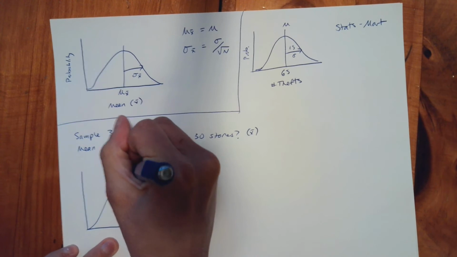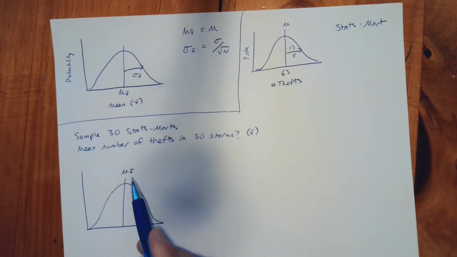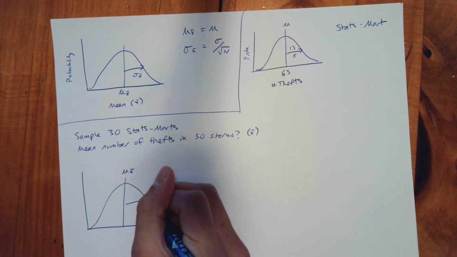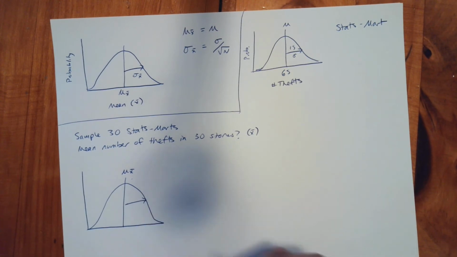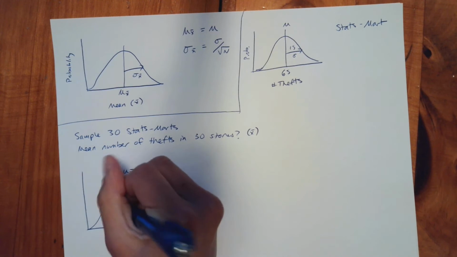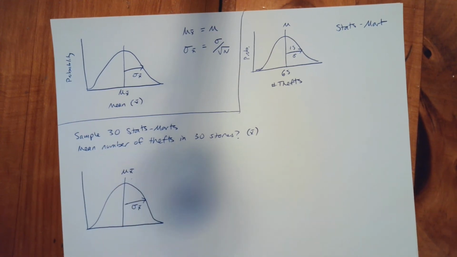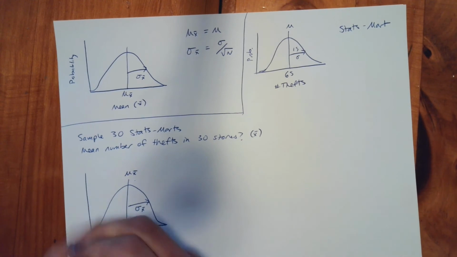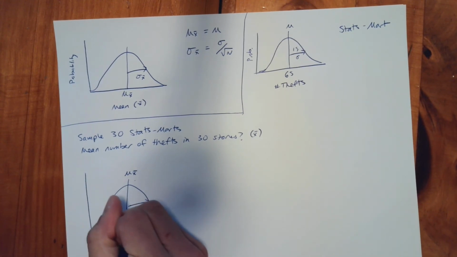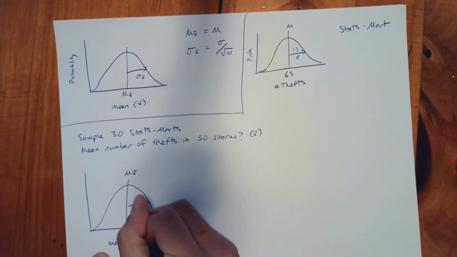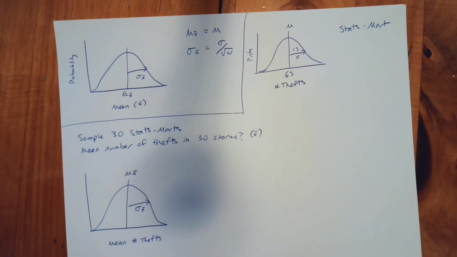And our mean is going to be, again, mu x bar, and our standard error, which again is the standard deviation for a sampling distribution, is going to be written as sigma sub x bar. And here, what we're looking at the bottom is the mean number of thefts in our sample of 30.